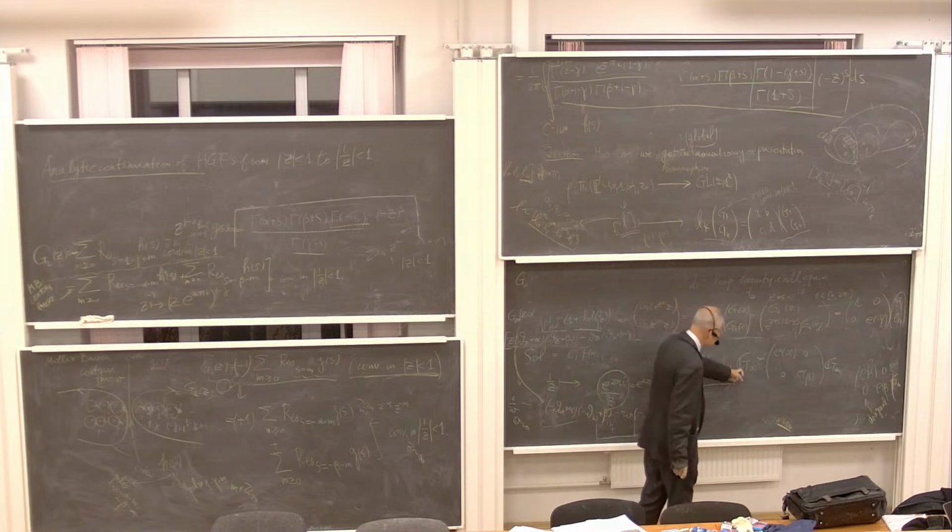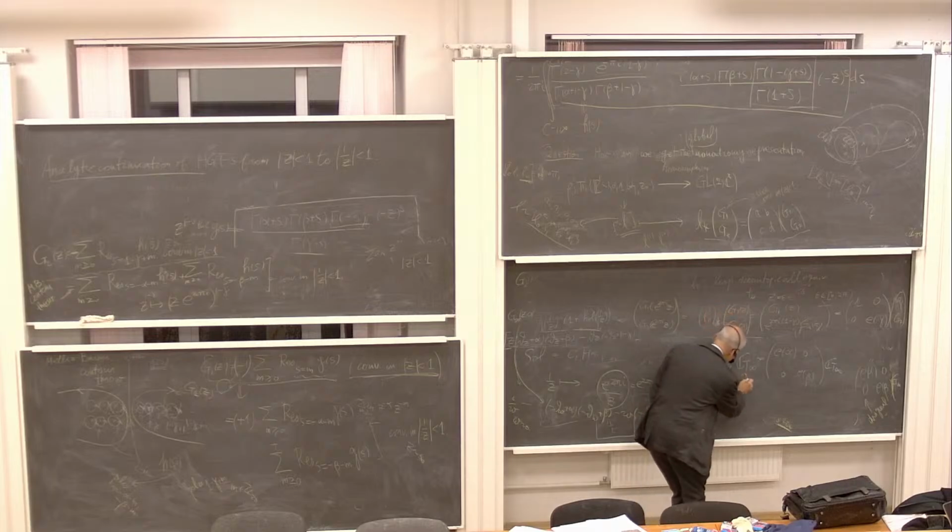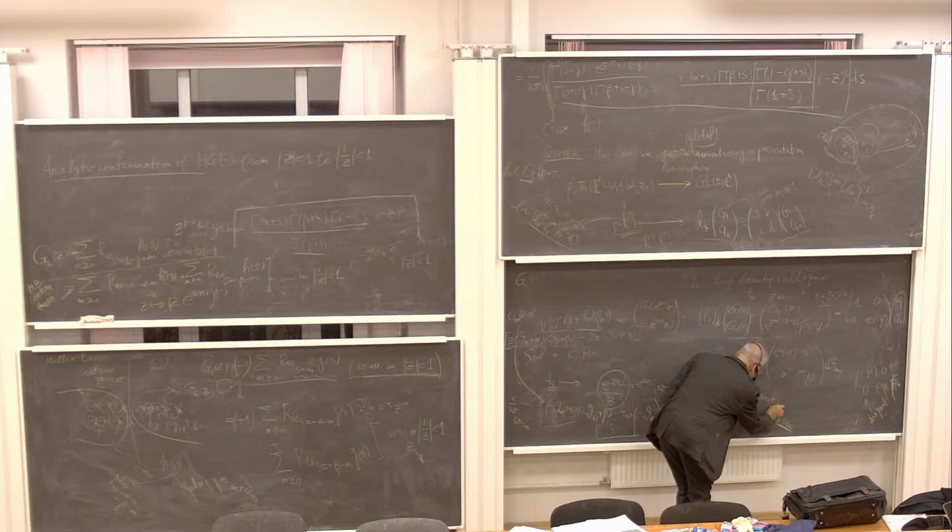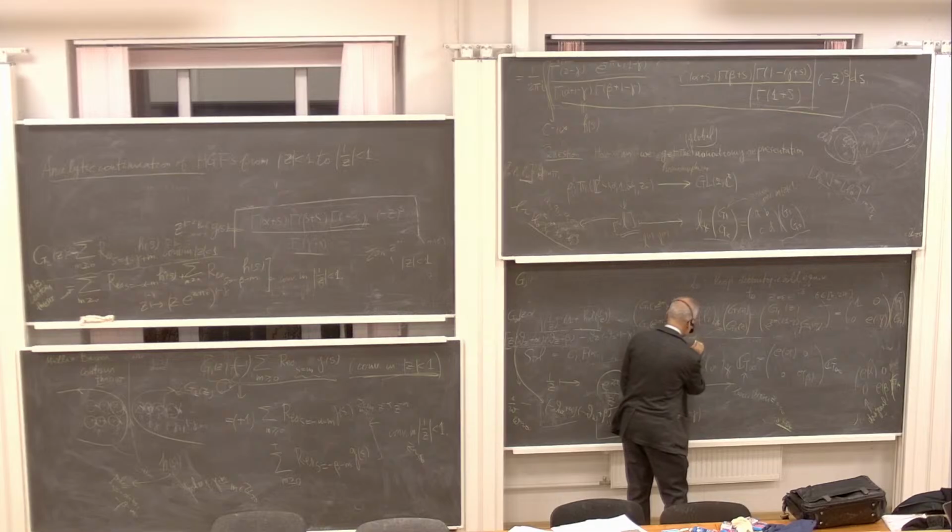This is one basis that has been chosen, a basis near z equals infinity. And this is the basis near z equals 0.